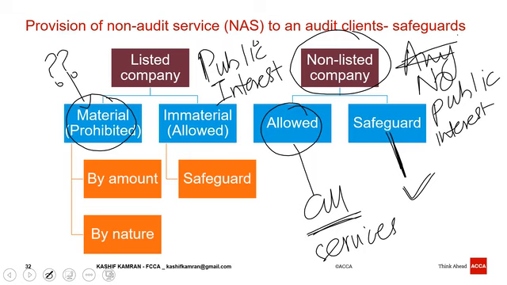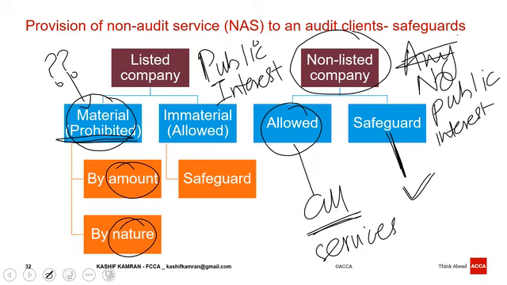If you're offering a service to a listed company which is material, then the code says it's prohibited. So no safeguards. In an exam paper, if it is a listed company and you think it is material, either by amount or by nature, which I'm coming to in the next 2 minutes, then it is prohibited.